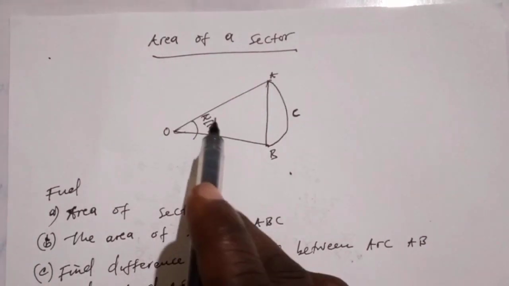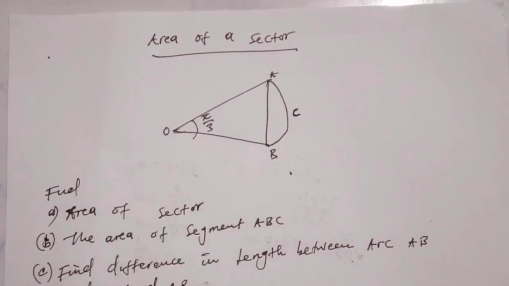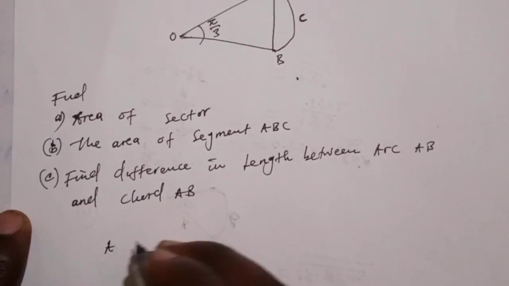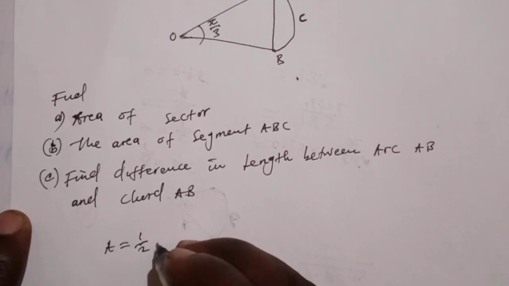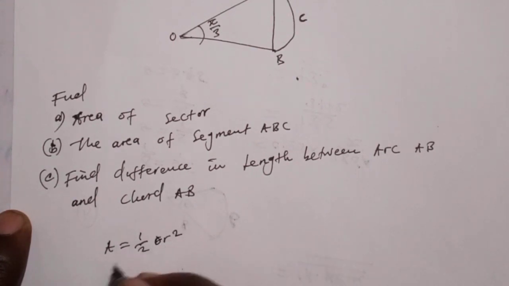And if you can see, the angle is in radians. So that means we are going to use this formula, which is area equals half theta r squared, or area equals half r squared theta.